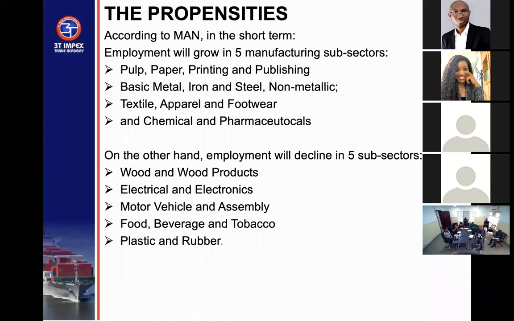In pulp, paper, printing, basic metal, textile and apparel, we will experience growth, increased jobs, and increased investment, because the majority of items in this area are currently imported. And the sellers abroad need to come and set up in Africa, in Nigeria, to take advantage of the market.